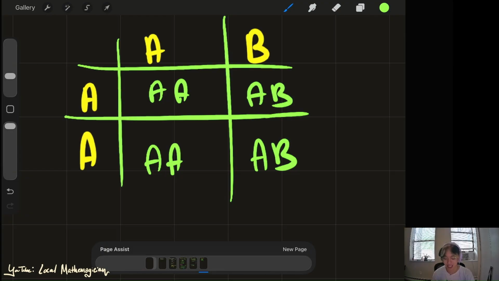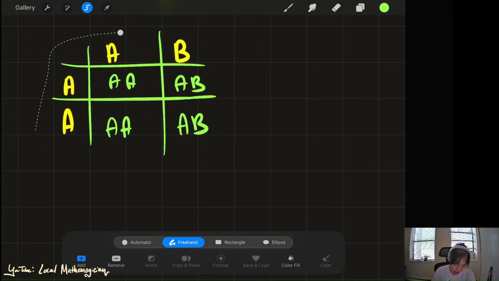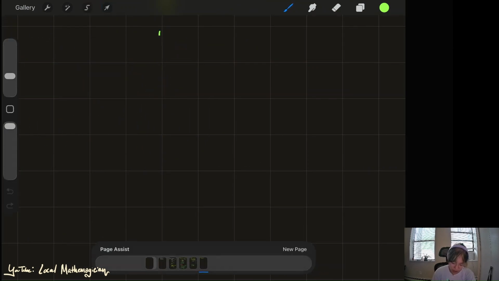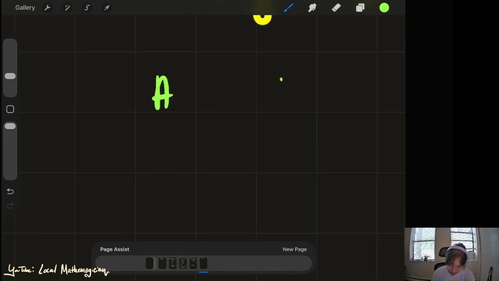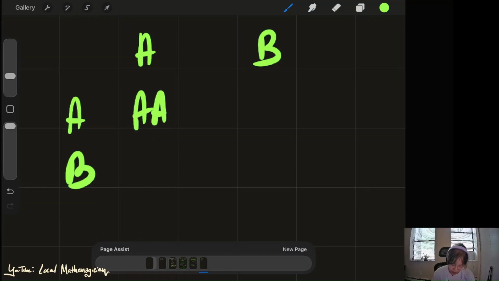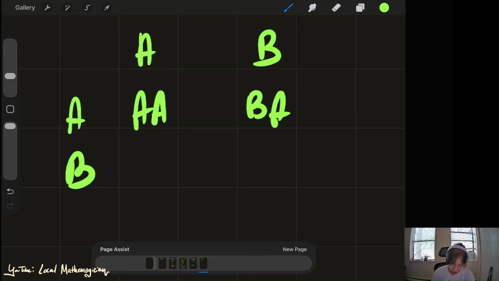It's very exciting. And of course, if you remember with Punnett squares, let's say you had A, B, and A, B, right? You'll get AA, BA, AB, BB, right?